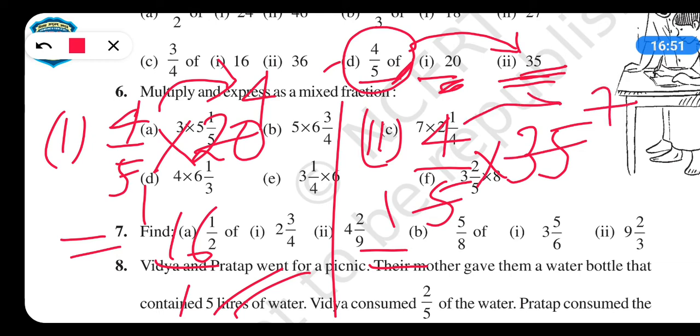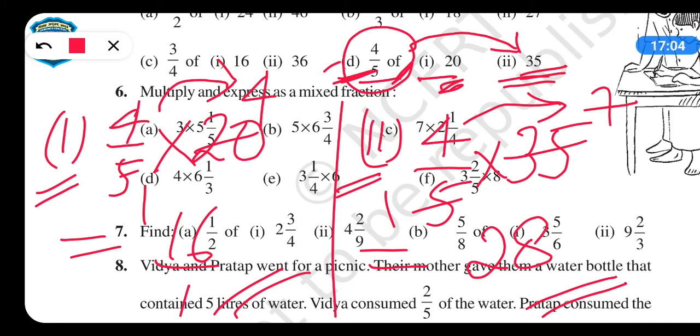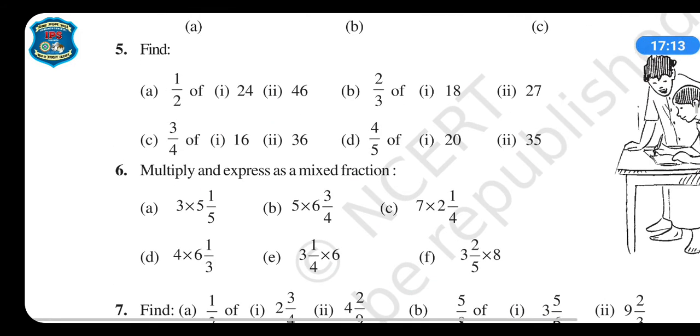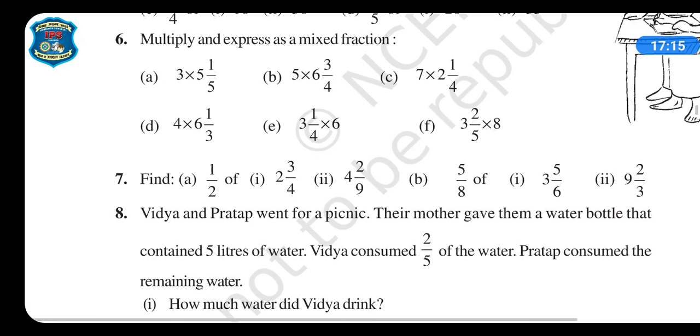So 4 into 7 is 28 upon 1. So 28 is the answer. Got it? So D has two parts, first part and second part. Solve it, right? So in this way you can do this question. So this is your fifth. You can do it. Now see the sixth question.